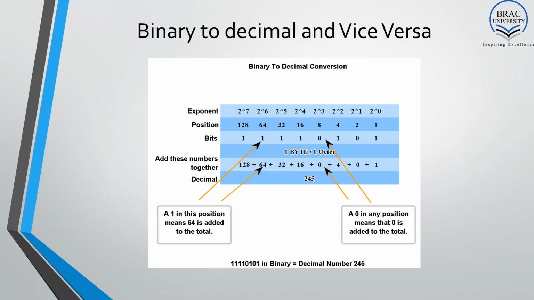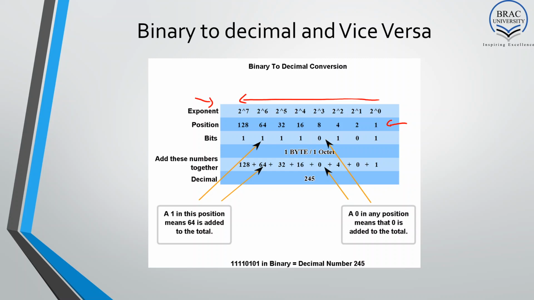This is a DLD concept: how to add the binary numbers. Because all of them are in binary, as you can see, the exponential form is 2 to the power 0, 2 to the power 1, and so on, going up to 2 to the power 7, and their corresponding values are given in the second row.